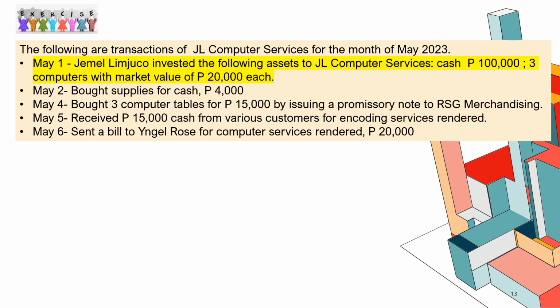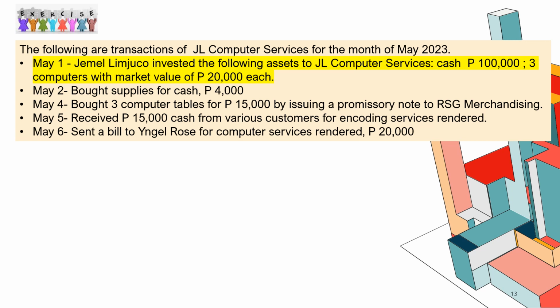First, we have to identify what accounting elements are affected by our transaction. So we identified that these transactions are all economic activities, and these transactions will affect our assets, our liabilities, owner's equity, income accounts, and expenses.